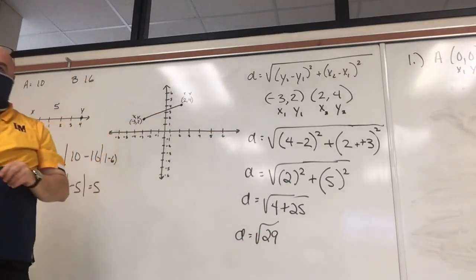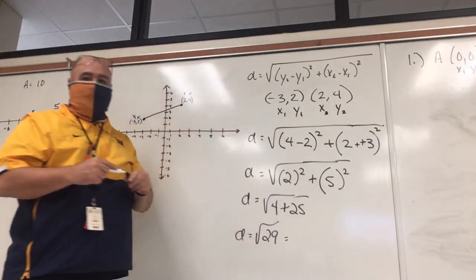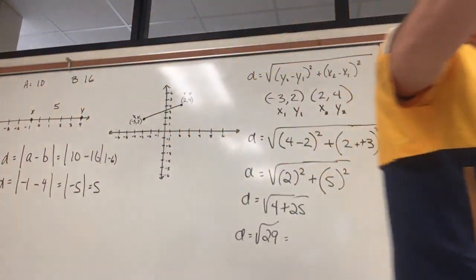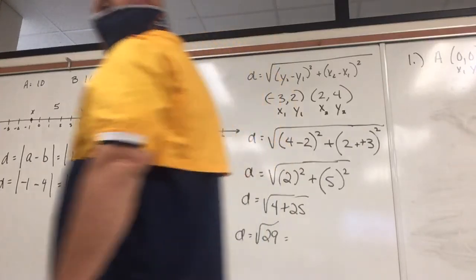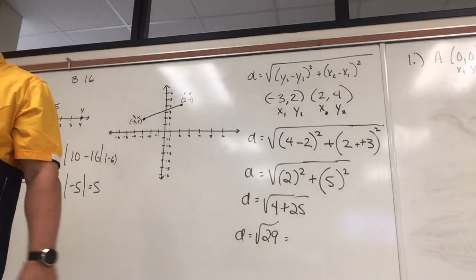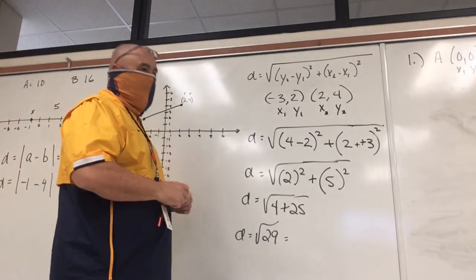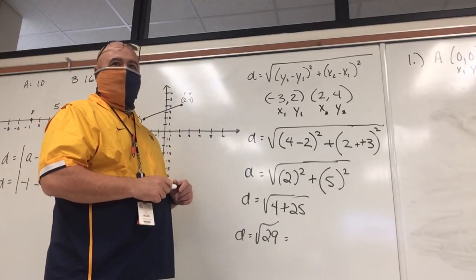Now, if I want to simplify that into decimal form, everybody take your calculator, your phone, and all you gotta do is turn it sideways to get to the radical. I think square root of 29 is 5.3, 5.4, something like that.